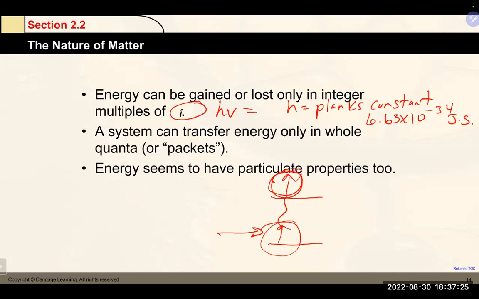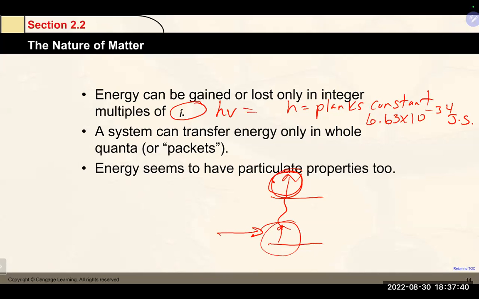It will not pick up enough to get halfway there and say, I'm kind of tired, I'm just going to hang out in the middle for a while. It will pick up enough energy to fully transition from one energy level to the next, and it may be two or three energy levels.